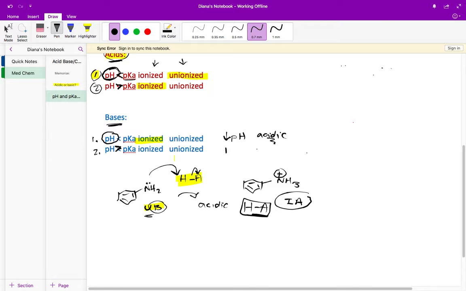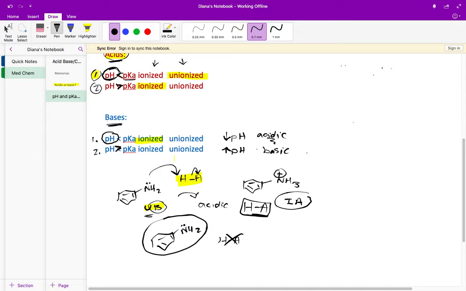And then number two here, if I have the pH is greater than the pKa, what does that mean? A high pH clearly means that I'm in a basic environment. Well, if I put a base in a basic environment, in other words, there aren't any acids floating around, then this unionized base is just going to stay an unionized base.